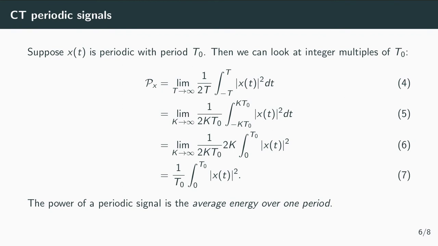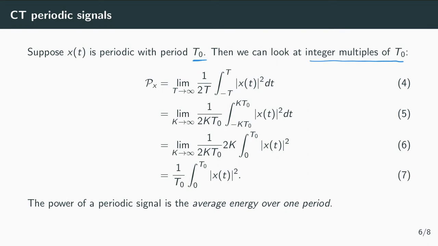And that simpler formula is actually pretty straightforward, and we can derive it relatively easily. So if I want to look at the average power of a signal, I can look in an interval from minus T to capital T, but I'm going to choose particular values for minus T and capital T. In particular, I'm going to look at the period T naught, and I'm going to look at integer multiples of T naught.